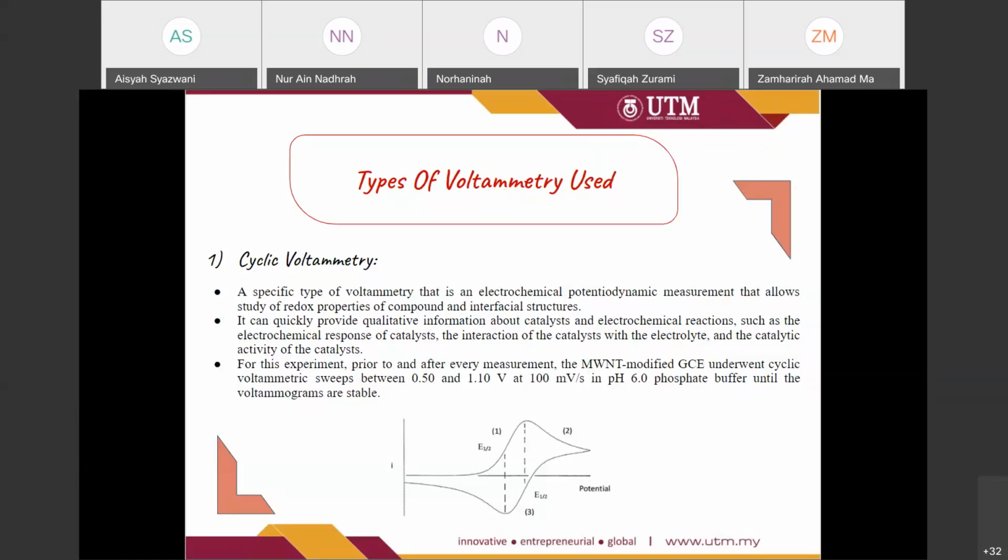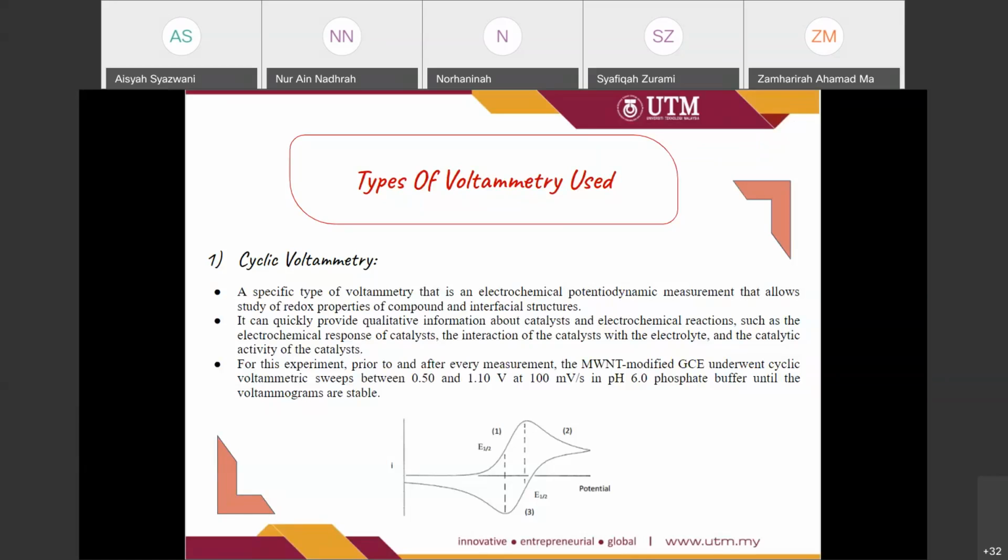Prior to and after every measurement, the multi-wall nanotube modified glassy carbon electrode underwent cyclic voltammetry sweep between 0.50 and 1.10 volt at 100 millivolt per second in pH 6 phosphate buffer until the voltammograms are stable.